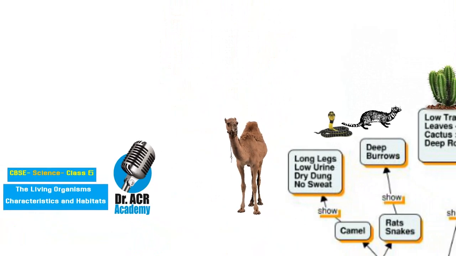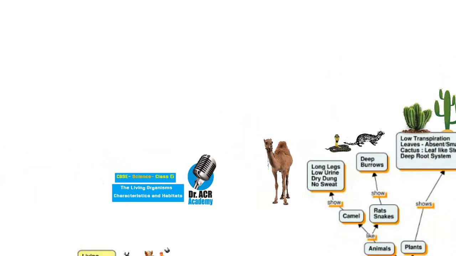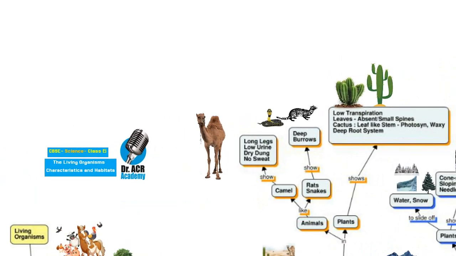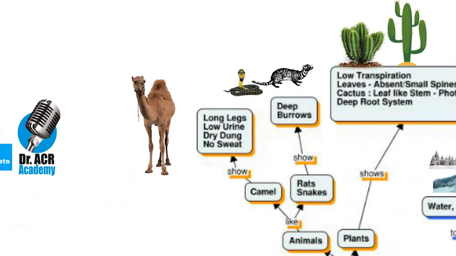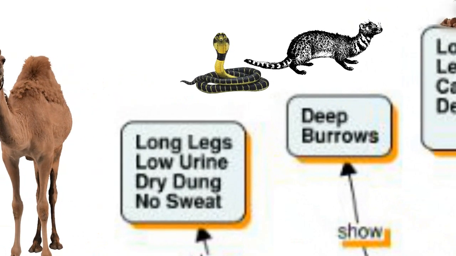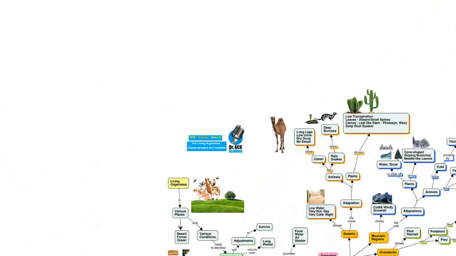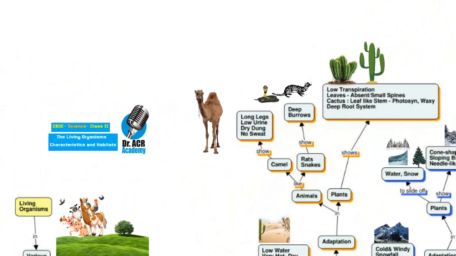And camels produce very little urine, and they have dry dung and no sweat to prevent water loss. And rats and snakes live in deep burrows to protect themselves from the heat.